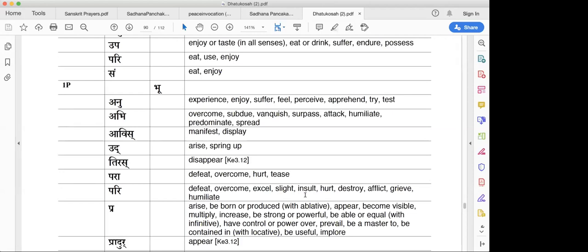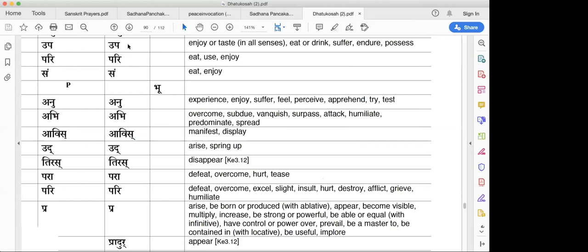Oh, there's one question. What if we have the last letter on the chart? Okay, so let me give an example of that. Trying to find a good example of that.